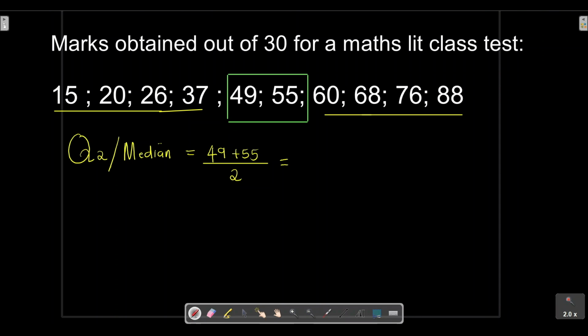Do you see that? So if you take 49 plus 55 and divide by 2, you'll get that your median is equal to 52. So our median is 52.